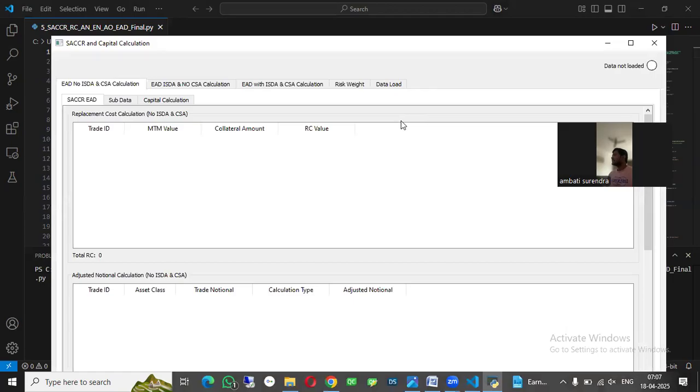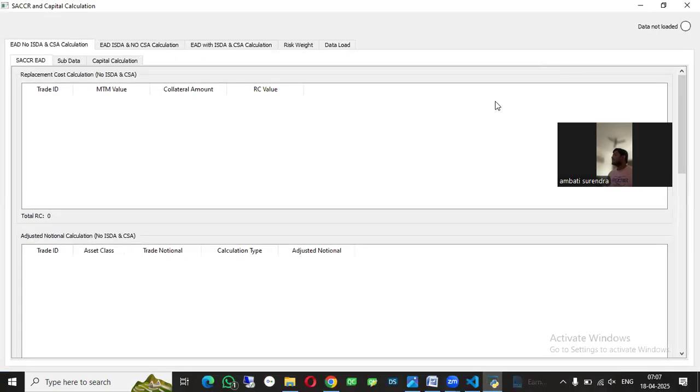SACCR, like I mentioned, stands for Standard Approach for Counterparty Credit Risk. It is a regulatory framework developed by BCBS. BCBS means Basel Committee on Banking Supervision, which measures the counterparty credit risk of derivative transactions. The main objective of SACCR is to figure out exposure at default.